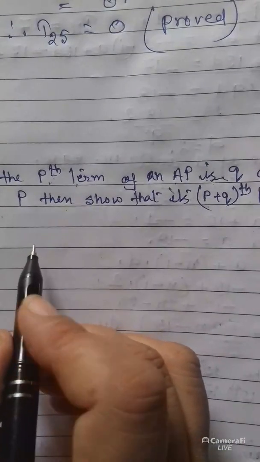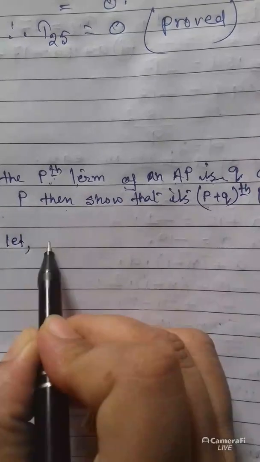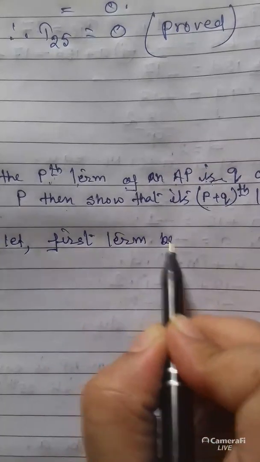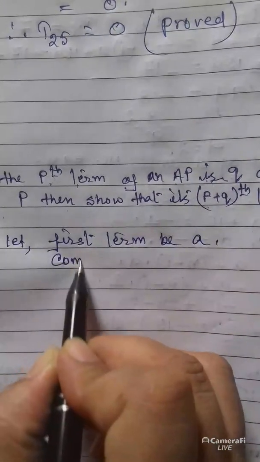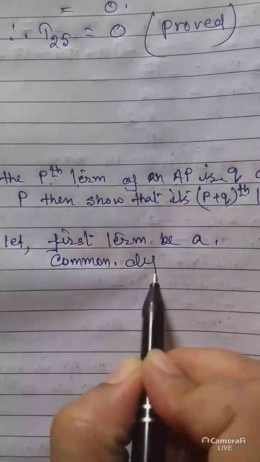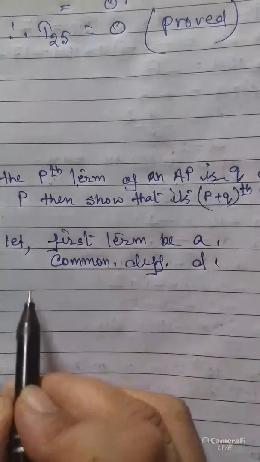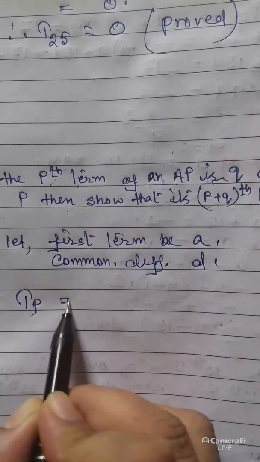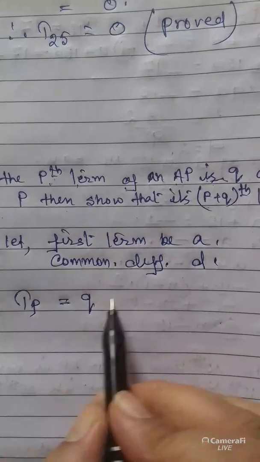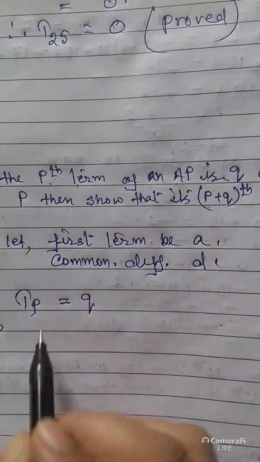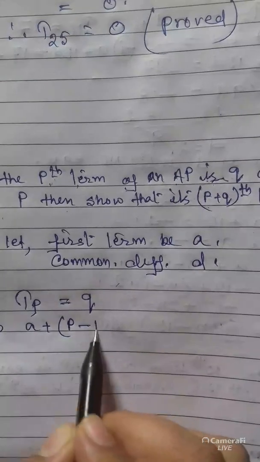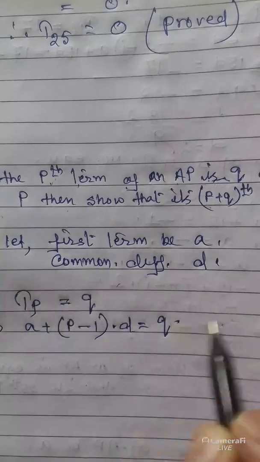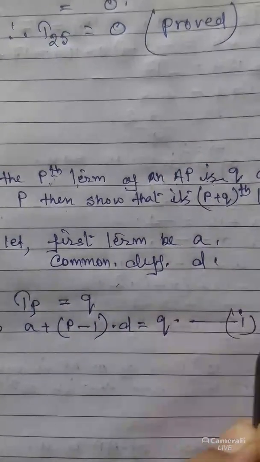Let the first term be A and common difference of the AP be D. Now we have the pth term, means TP equal to Q, means A plus P minus 1 into D equal to Q. This is first equation.